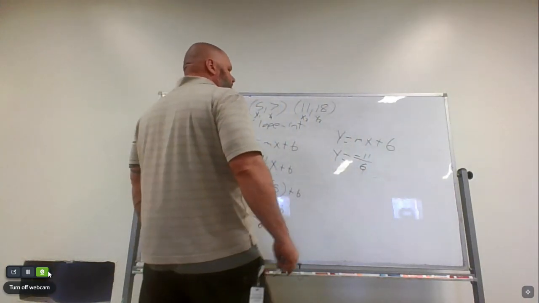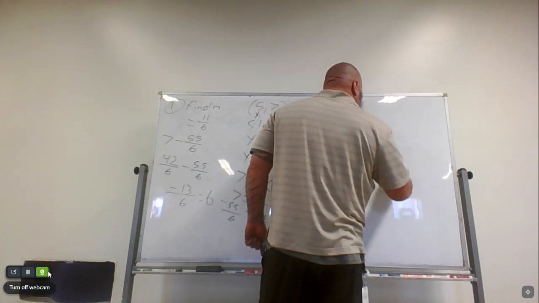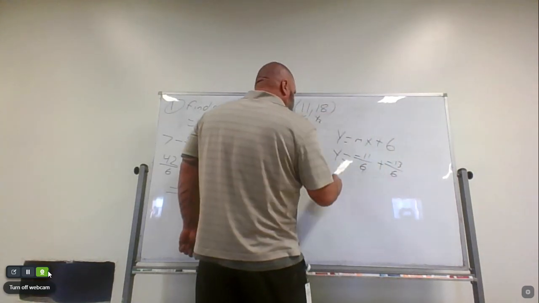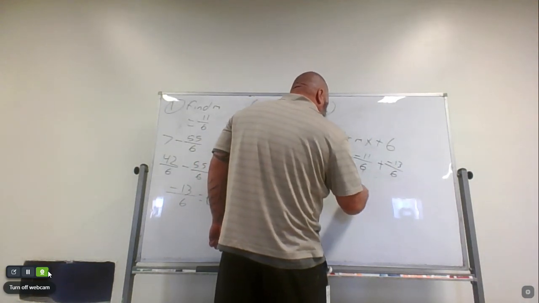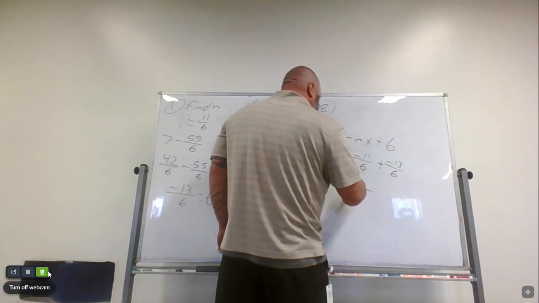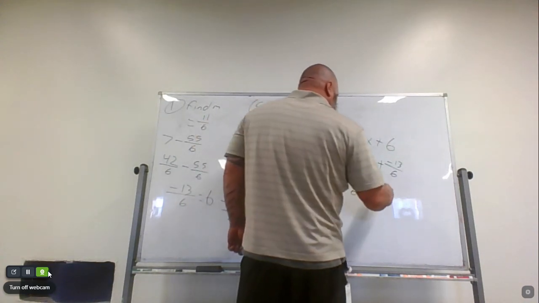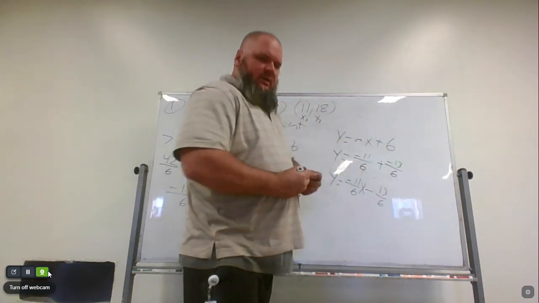Negative 13 over 6. So I can write this as plus negative 13 over 6. Or if you want to simplify, say y equals 11/6 x, don't forget the x, minus 13 over 6. There you have it.